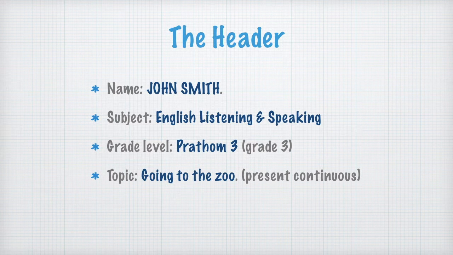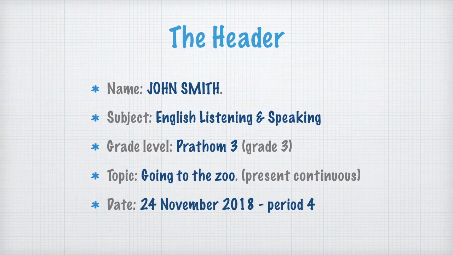Topic: going to the zoo. Present continuous. And on which date? On the 24th of November 2018, period 4. That is basically all the information you need for the header.